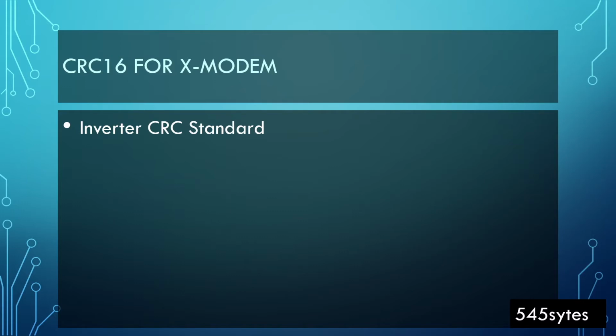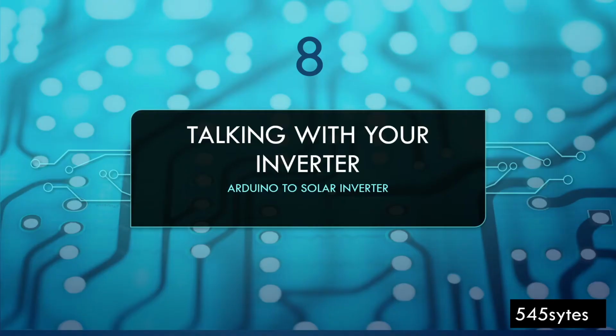This is the inverter CRC standard, and unless we use it, we will not even receive the not acknowledged response from the inverter. So this is necessary to remember and use. So we meet again in the next video.